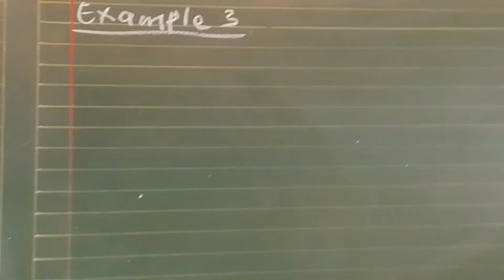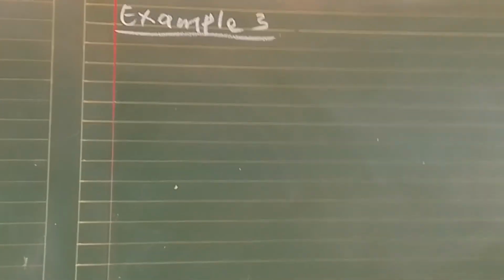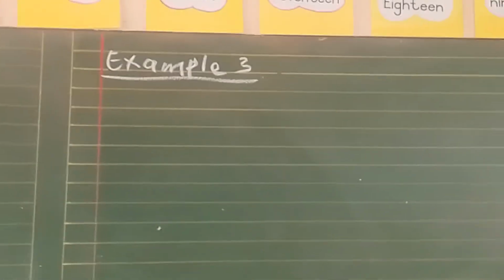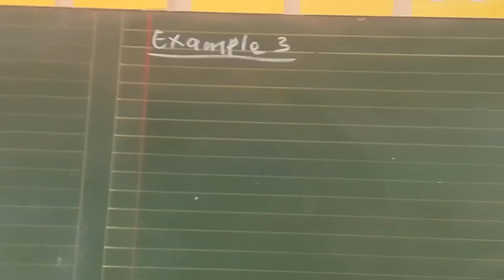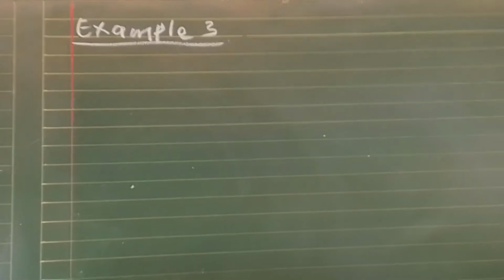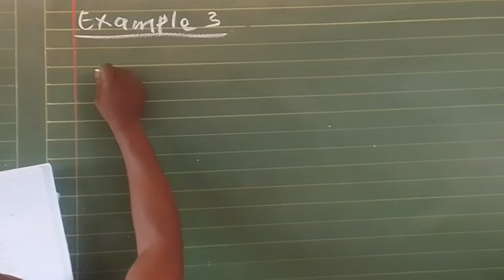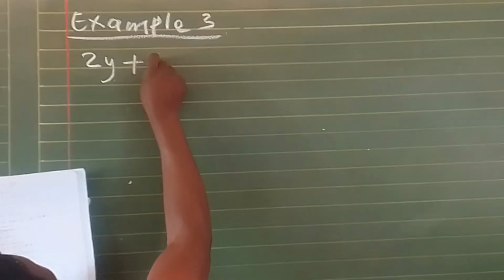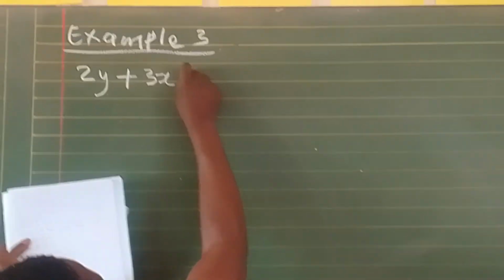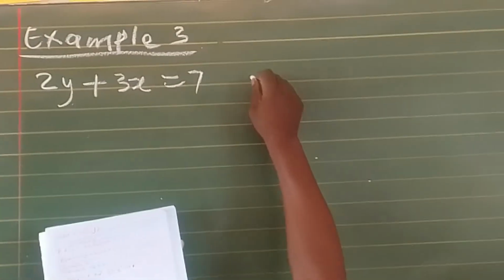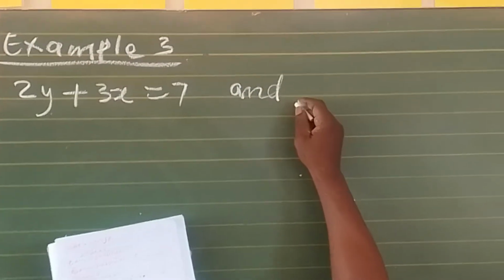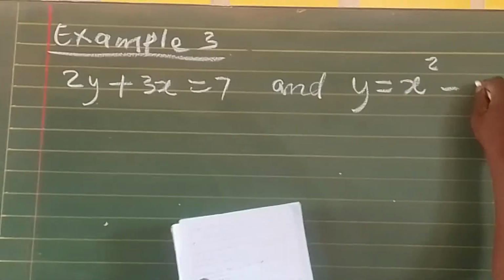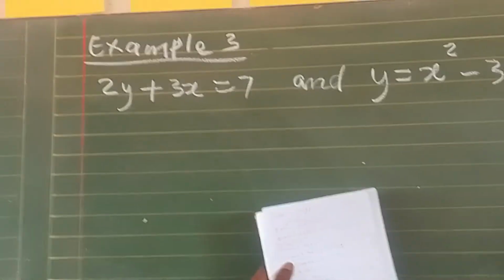Right, example 3 will want us to do the following. You are given 2y plus 3x is equal to 7, and y is equal to x squared minus 3x plus 1.